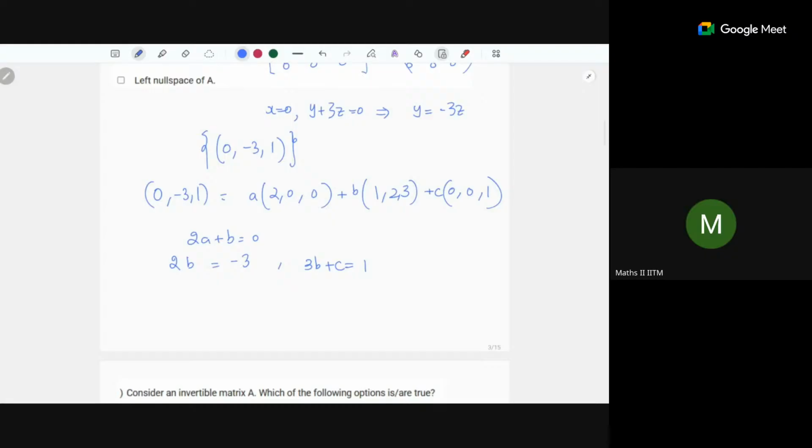So if you solve this, you will get b is equal to minus 2 by 3 and minus 9 by 2 plus c is equal to 1.